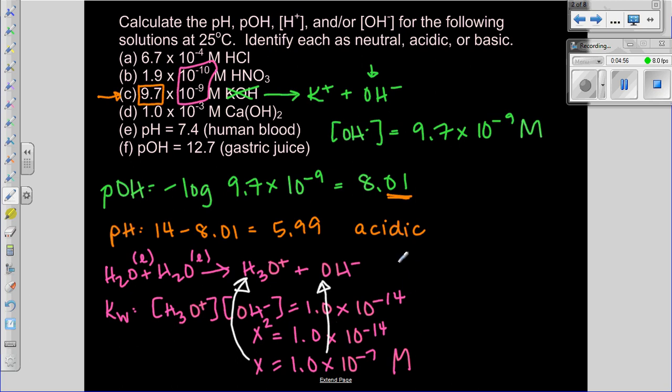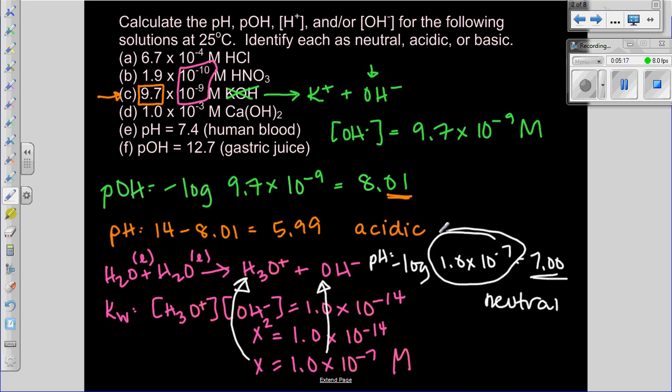So if I were to do negative log of 1 times 10 to the negative 7th for H plus to get pH, I would get 7.00, which would be neutral. And because this hydronium ion concentration is larger than this, water contributes more to the pH of the solution than this super dilute base does.